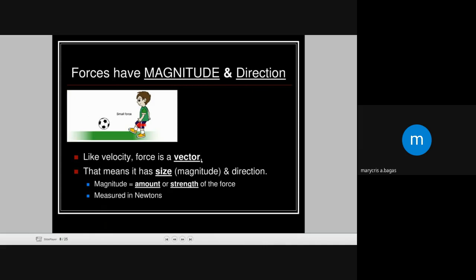That means it has size, or magnitude, and direction. Magnitude is the amount and strength of the force, measured in newtons. So force is measured in newtons.